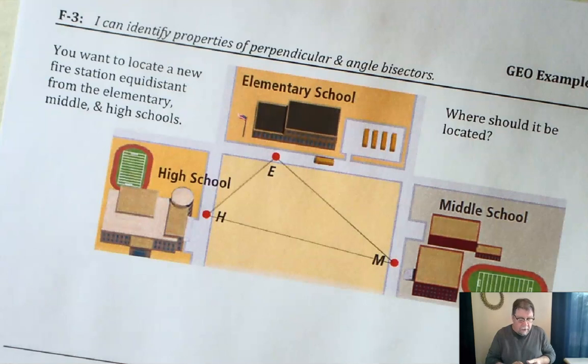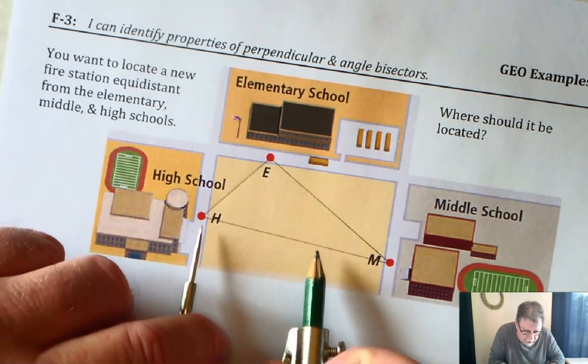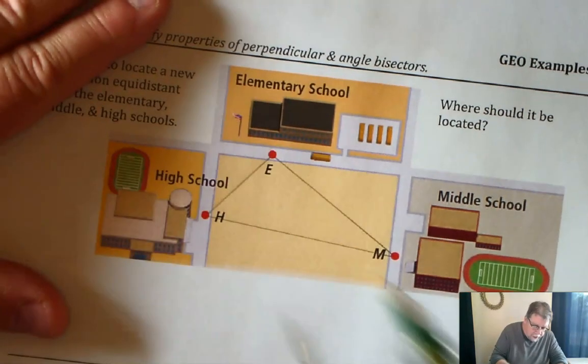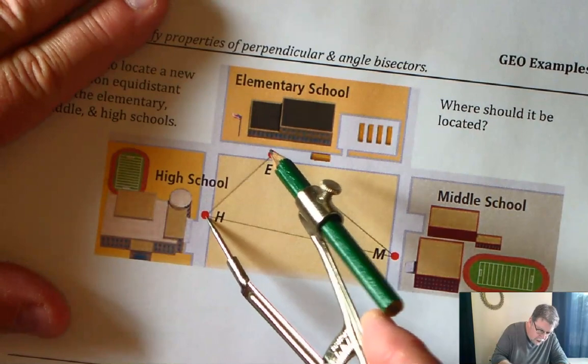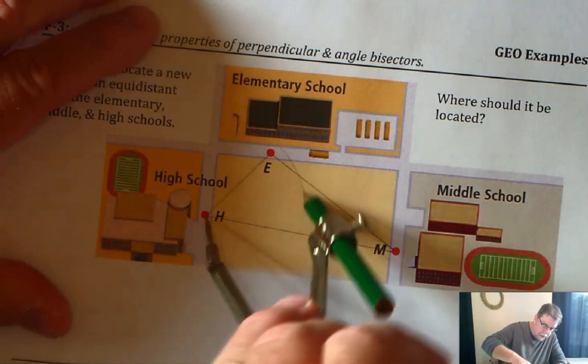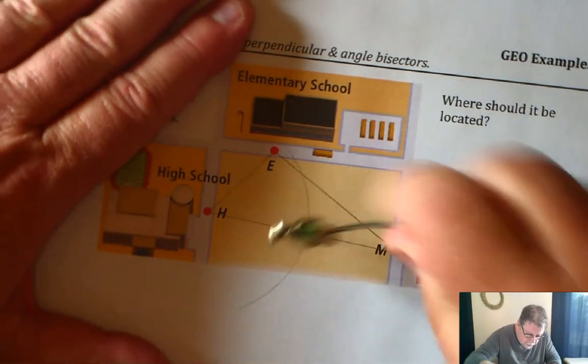So I'm going to take my compass. I'm going to make it larger than half of one of the segments. Let's do HM first, and we will draw the perpendicular bisector. So I have to construct that here. So I will take that and I will draw my curve here, and then the same from over here.